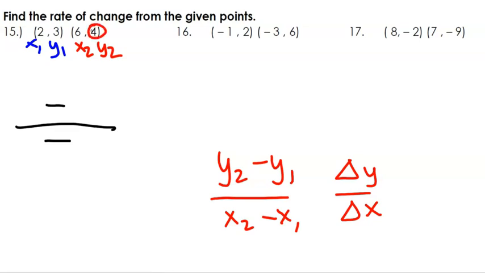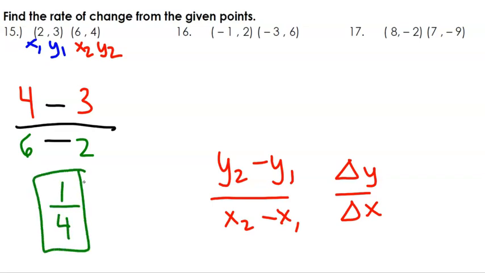So y2 is 4, y1 is 3, so here's the math in the numerator, and then x2, which is 6, minus x1, which is 2. 4 minus 3 is 1, 6 minus 2 is 4, and we've completed the first problem.